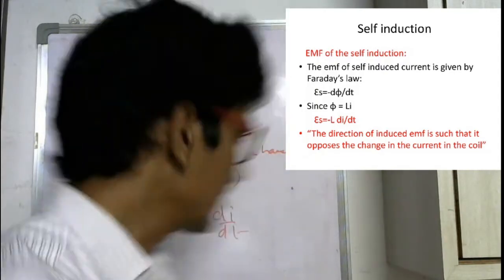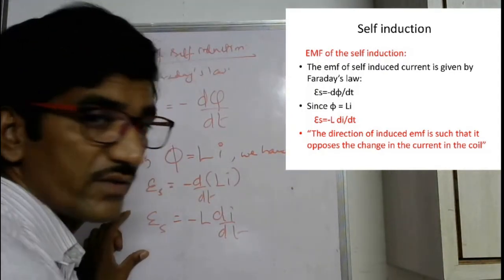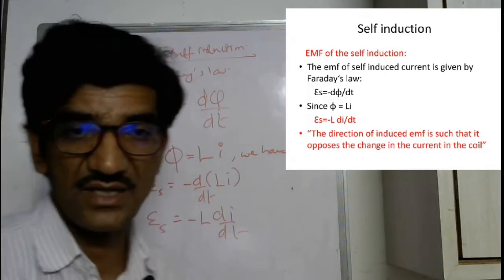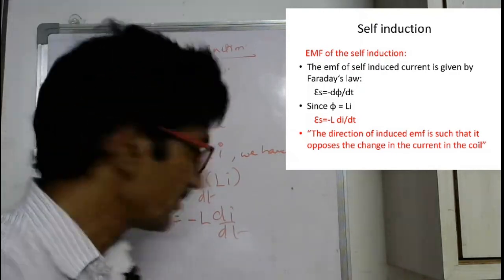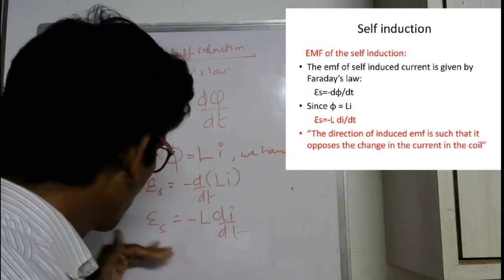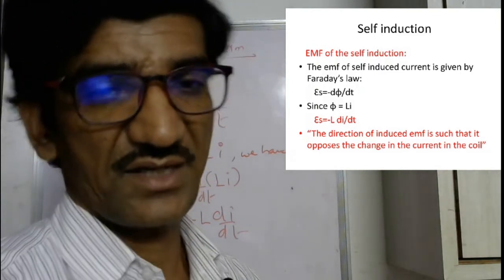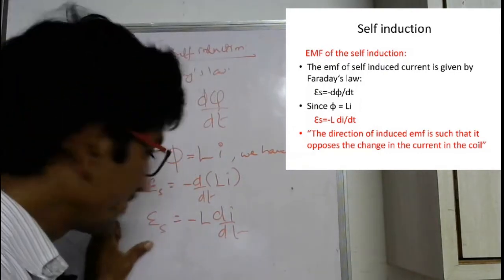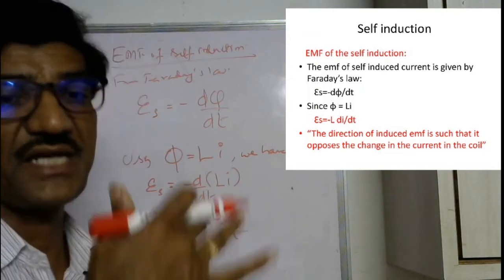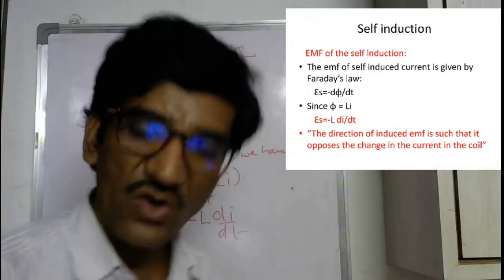That means it works as if it stops the change in the current. The change in the current itself is the cause of this EMF of self-induction, so this induced EMF tries to oppose the fluctuations in the current within the coil.